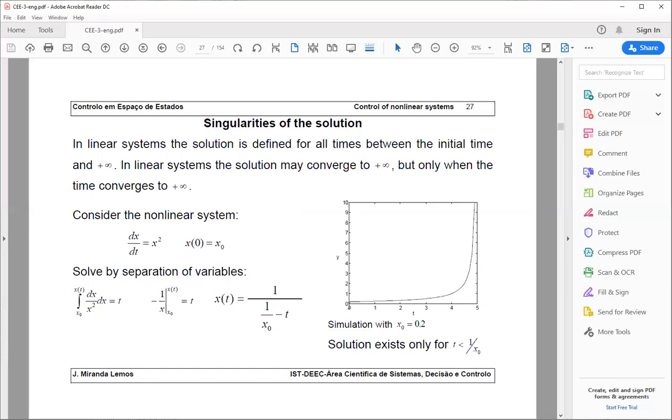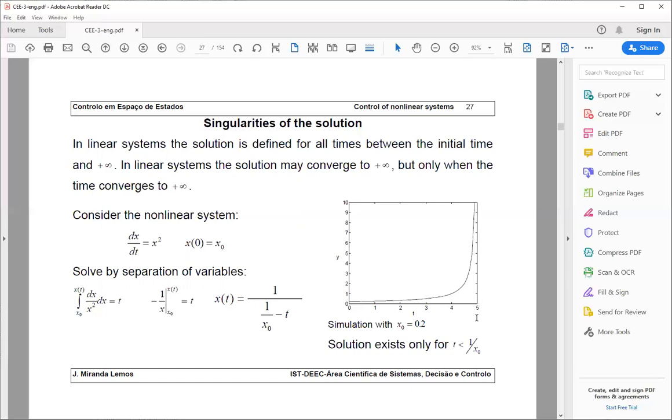So you have a solution which starts at x0, and in this case, x0 was 0.2, the inverse is 5, so at t equal to 5 you are at infinity. So in less than 5 units of time, you reach infinity.